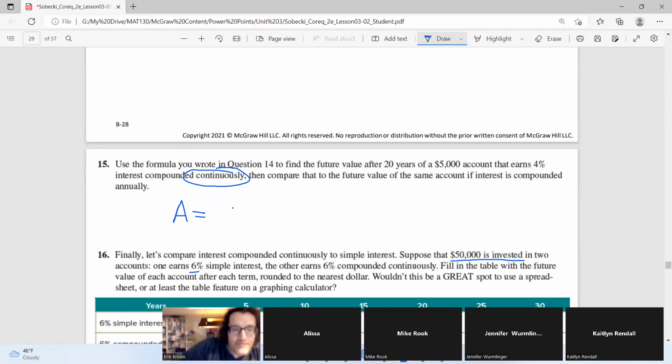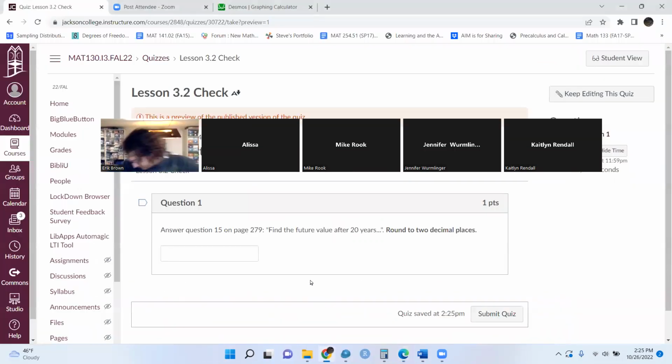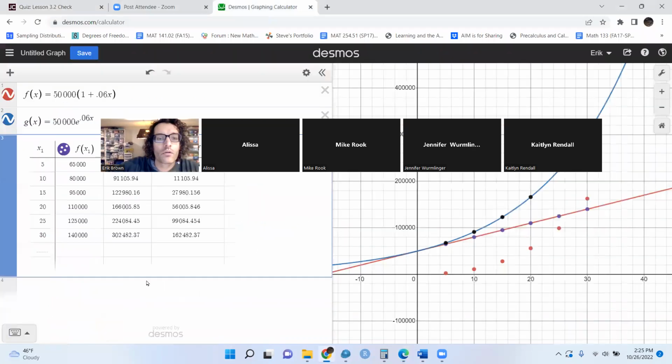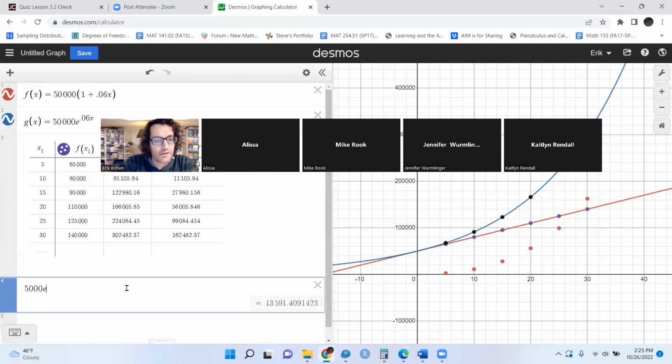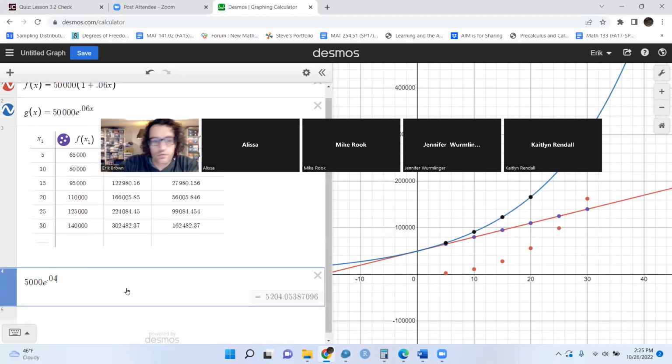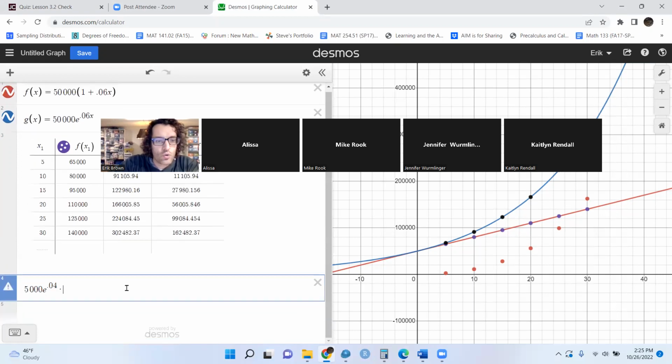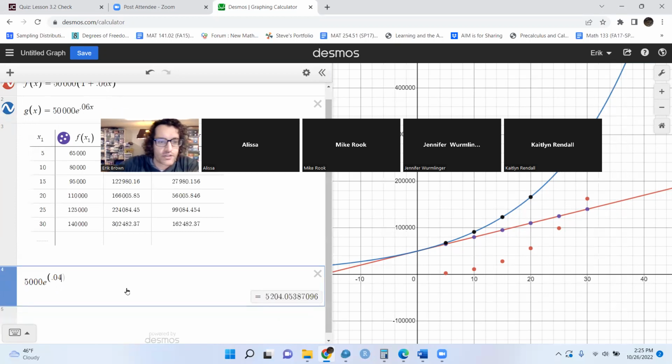So we're looking at 5,000 times e to the 0.04 times 20. I put 5,000 e raised to the 0.04 times, look, it dropped it into the denominator. So I'm going to need to put parentheses up here, times 20 to get it right.